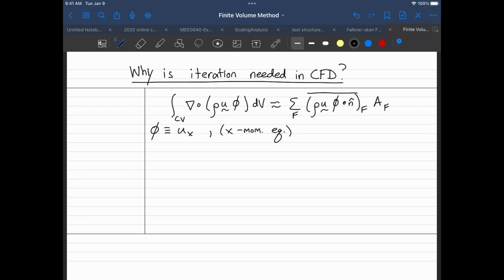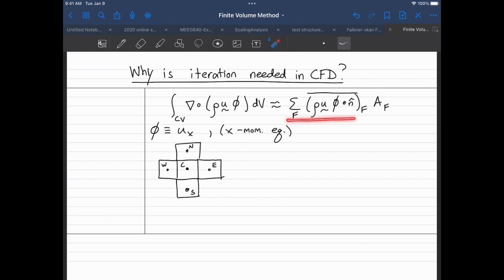Let's imagine that I've got some central unit cell, and then there's a bunch of adjacent unit cells to it. Let's call them the east, north, west, and south cell. In principle we would need to write this out for each one of the 4 faces.